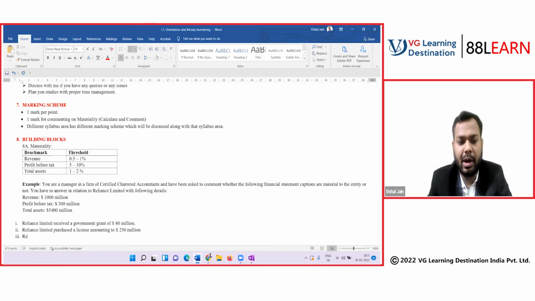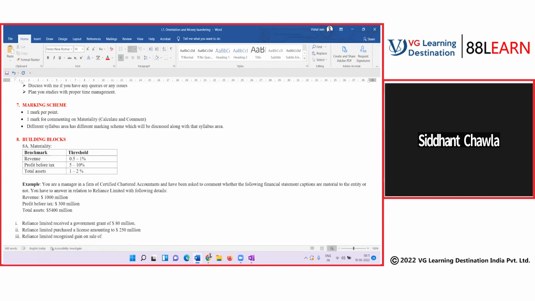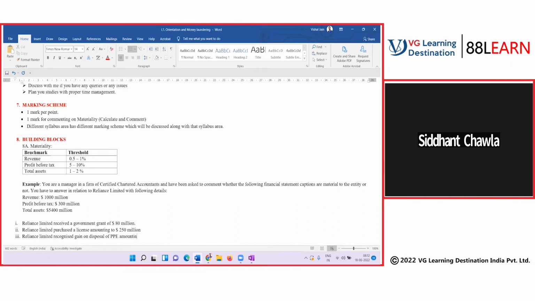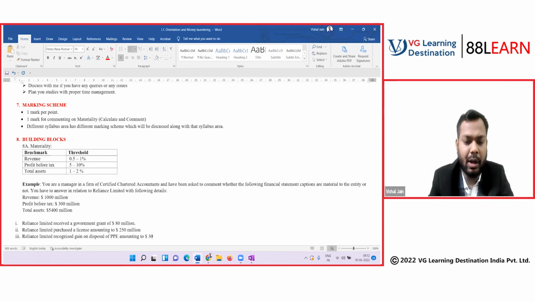Now, third, Reliance Limited recognized a gain on disposal of property, plant, and equipment amounting to $30 million.